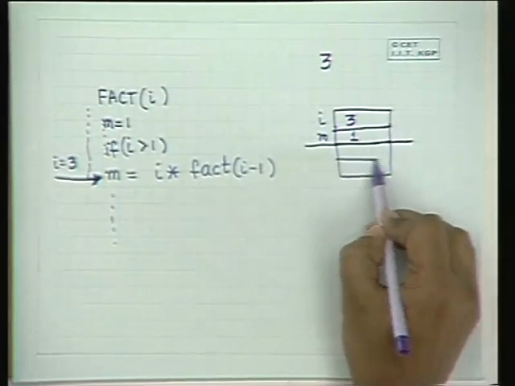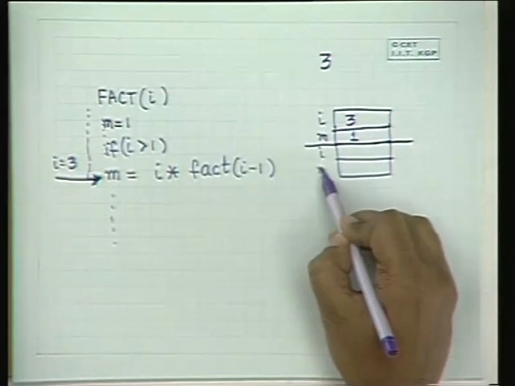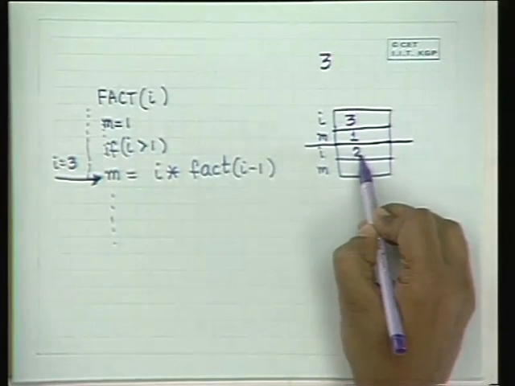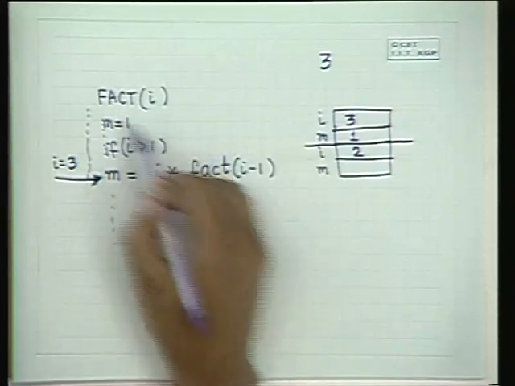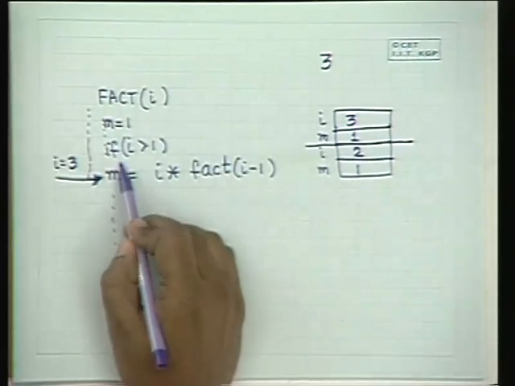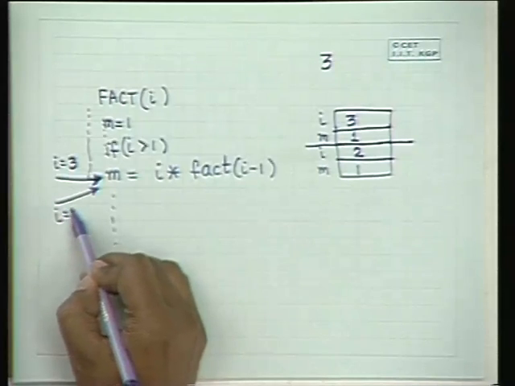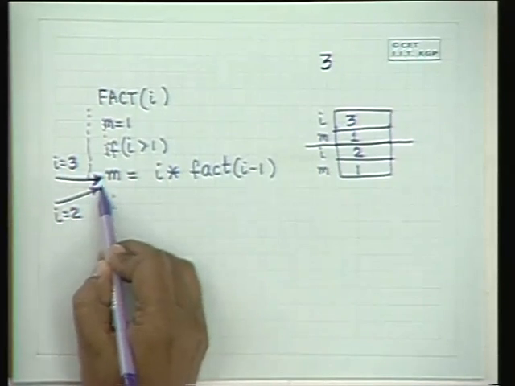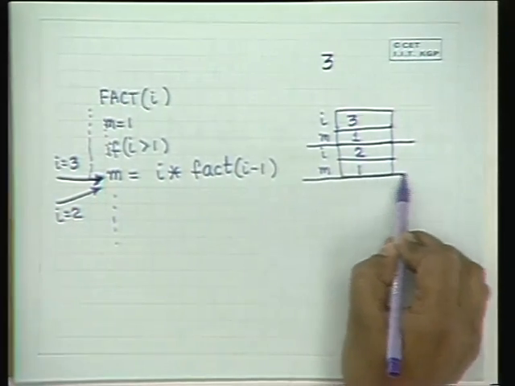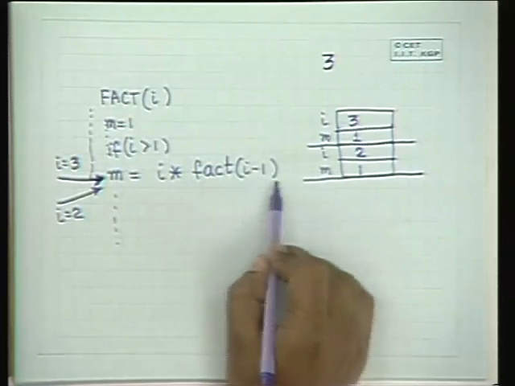So again two local variables for I and m are created, this with 2, and when it starts execution it initializes m to 1, comes here, I is 2, and it again calls fact.